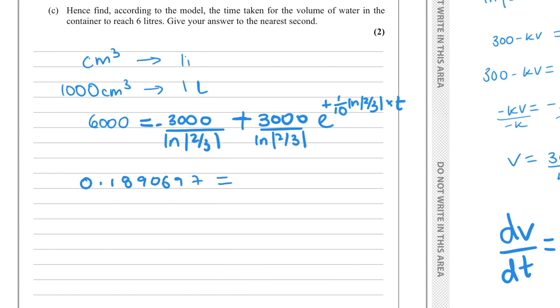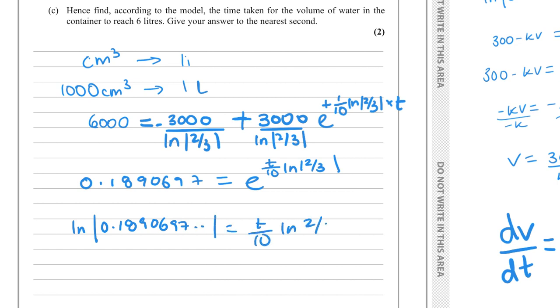0.1890697 equals e to the power of t over 10 ln 2 over 3. Now if I ln both sides, ln of my answer equals t over 10 ln 2 over 3. So I'm going to multiply both sides by 10 and then divide by ln 2 over 3.